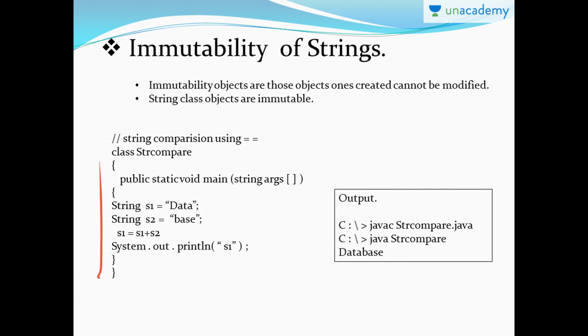I'm assigning data into S1 and base into S2. When I'm adding these, the result will be database. But when I said it is immutable, that means it shouldn't be changed. I already assigned data to S1, so how can this addition be stored in S1? It shouldn't be done as per our knowledge till now.